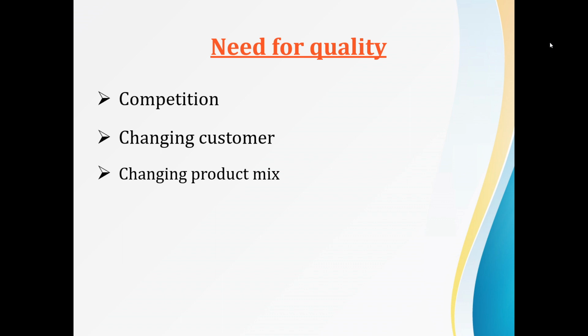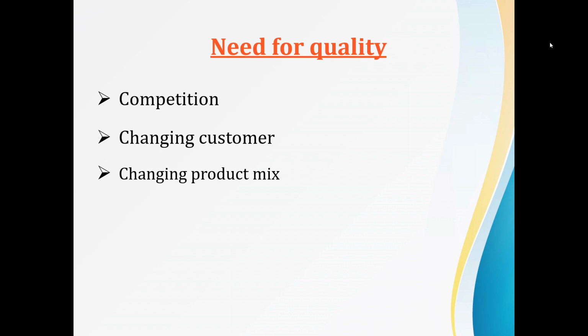We will be shifting from low volume high price to high volume low price, and low cost to high cost. So the mindset of the customer and the product is changing day by day. So we should ensure the quality. In order to survive in this market, we should maintain the quality.